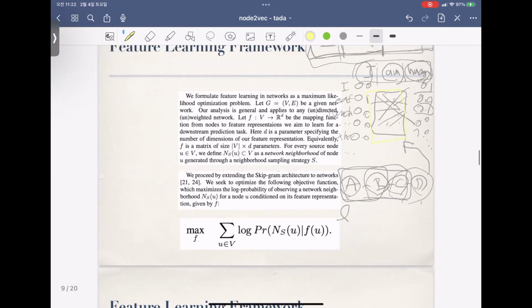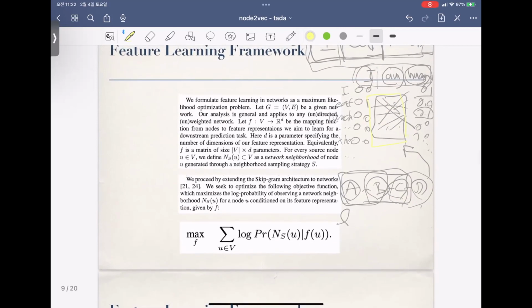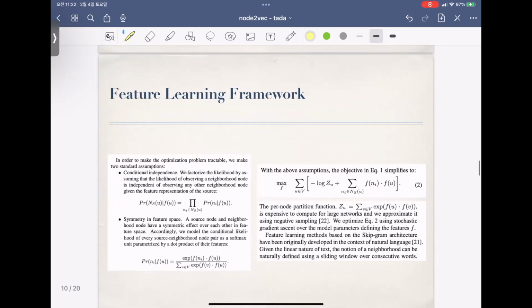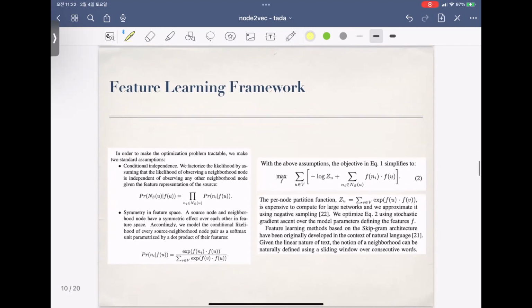And in the end, maximum likelihood is used to predict the likelihood of different nodes having a probability of being next to the current node. And here some assumptions are made, such as conditional independence between the different likelihoods, thus this notation over here. And it's also assumed that the pairs of nodes have symmetry in feature space.